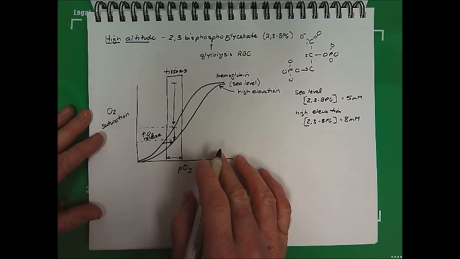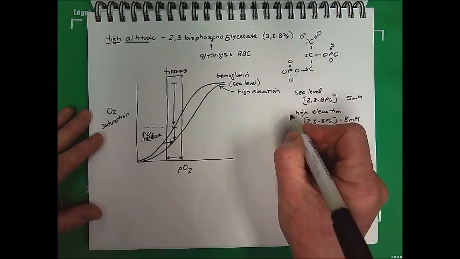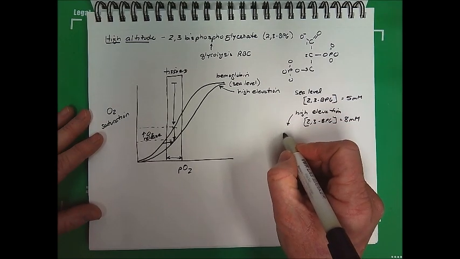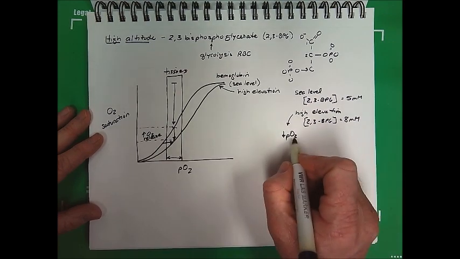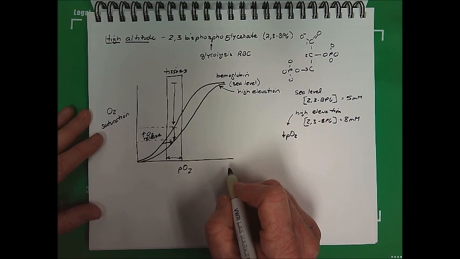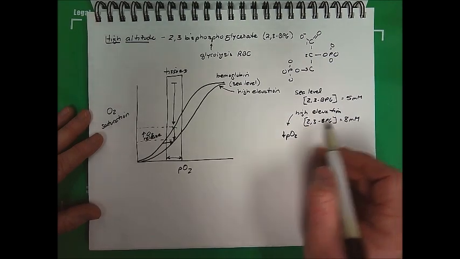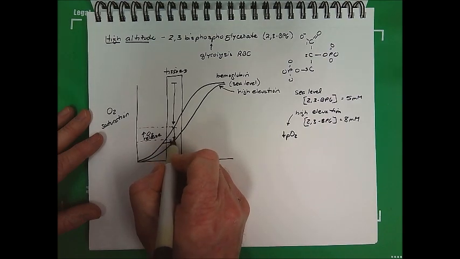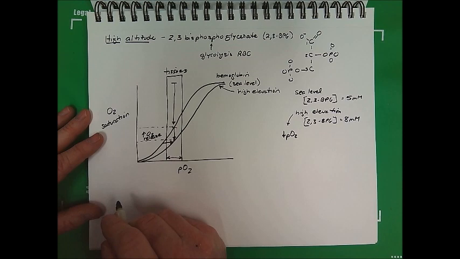This makes sense because the partial pressure of oxygen is lower at high elevation. So this is decreased partial pressure of oxygen. Basically, the amount we breathe is less at higher elevation. So our red blood cells will increase the amount of this compound, which will shift the curve to the right and aid our tissues in acquiring oxygen.